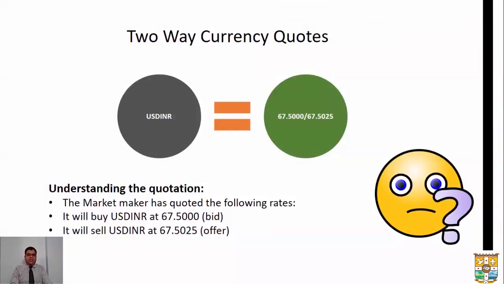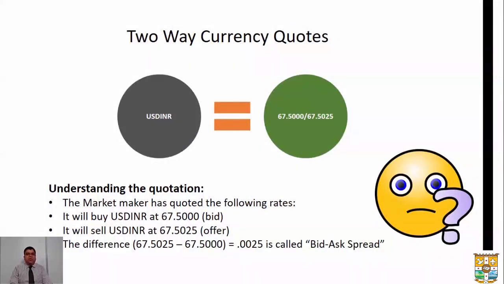As we have already seen in the previous video, this is the rate which is given by market makers. As price takers, the retail investors have no other option but to go by these bid and offer rates that have been quoted by market makers. So they cannot dictate the terms normally.